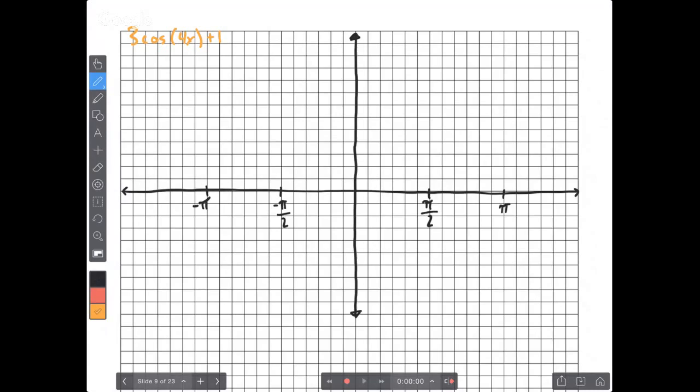And I'm going to start up 1, 1, 2, 3, 4, 5, negative 1, negative 2, negative 3. Here I am at 1.